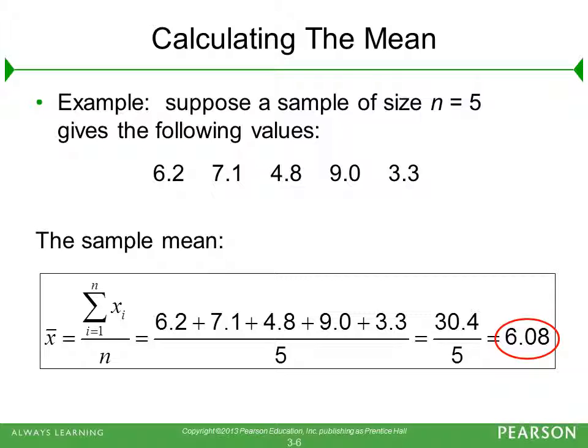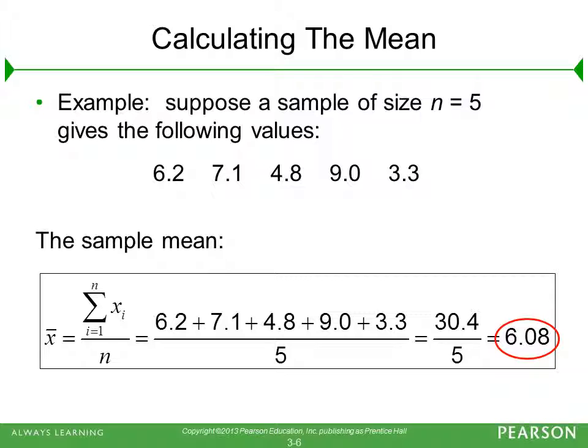If you wanted to find the mean, the summation 1 through n of all the values x or observations, you would add all of these values together: 6.2 plus 7.1 plus 4.8 plus 9.0 plus 3.3.